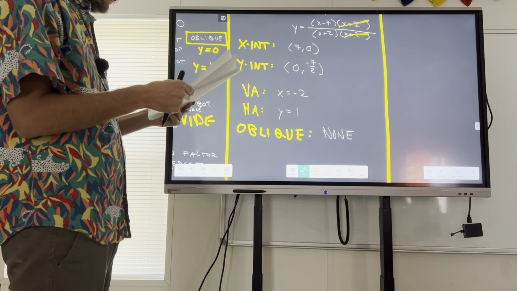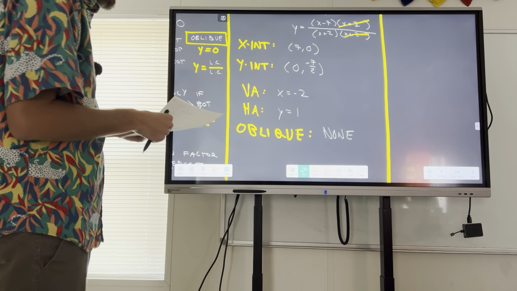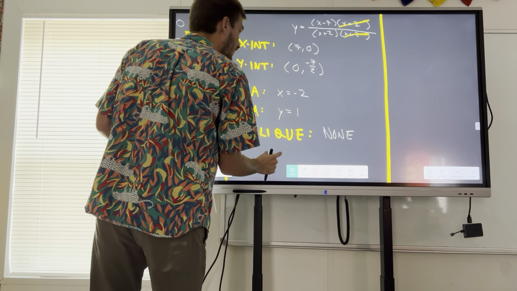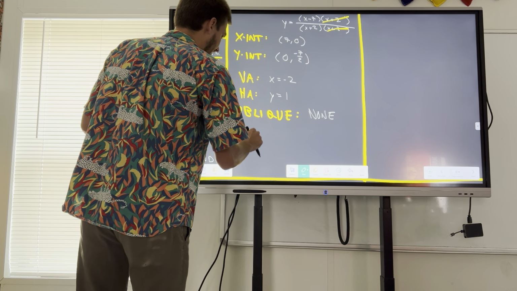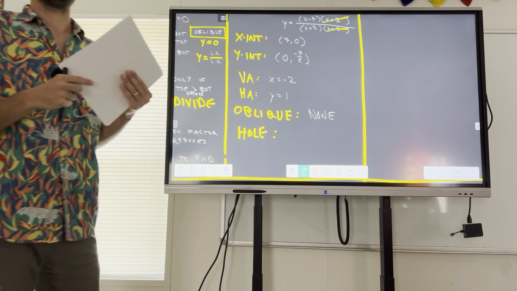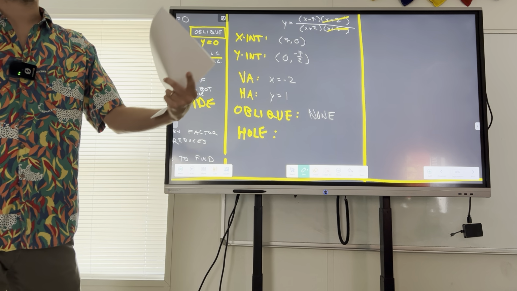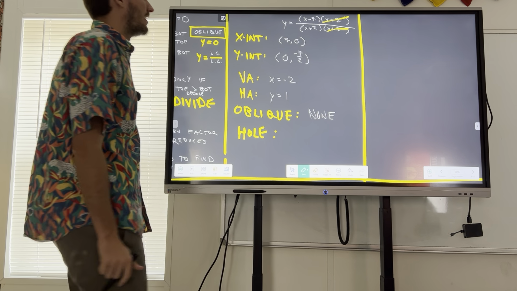We've talked about all of our different asymptotes. We talked about our intercepts. Let's talk about our hole, if we have one. In the grand scheme of math, holes would be very rare, but in the case of a math teacher building a question for you, holes aren't that rare. They're going to pop up from time to time. Where's our hole going to be?